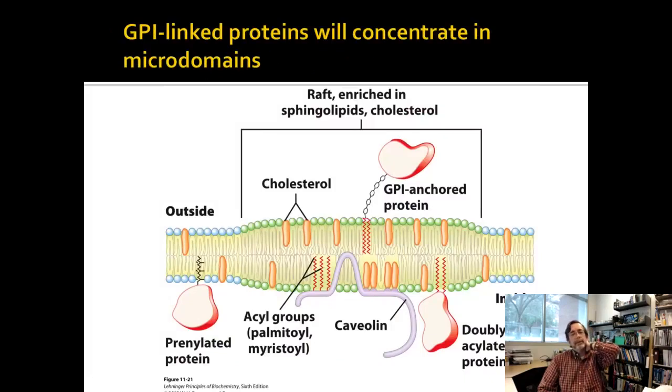If you look at it from the side, you can see that they will have different concentrations of cholesterol, and also those lipid anchors like to interact with sphingolipids. And so you'll tend to have GPI anchored proteins or other anchored proteins on the inside or outside as the case may be.